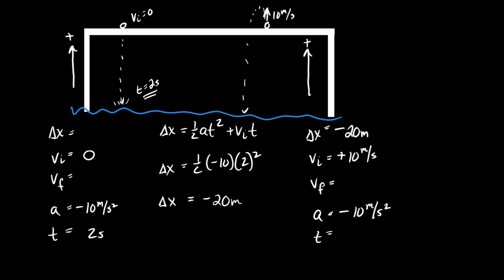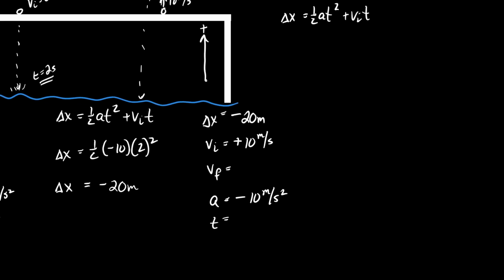I believe we're going to use the same relationship here. So delta x equals 1/2 a t squared plus v i t. That'll be -20 equals 1/2 times -10 t squared plus 10t.